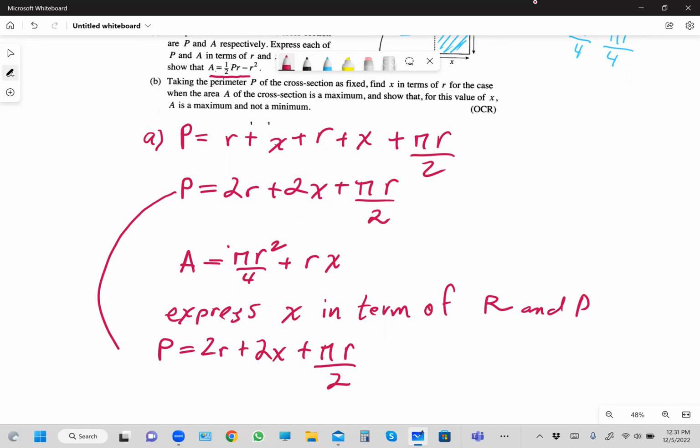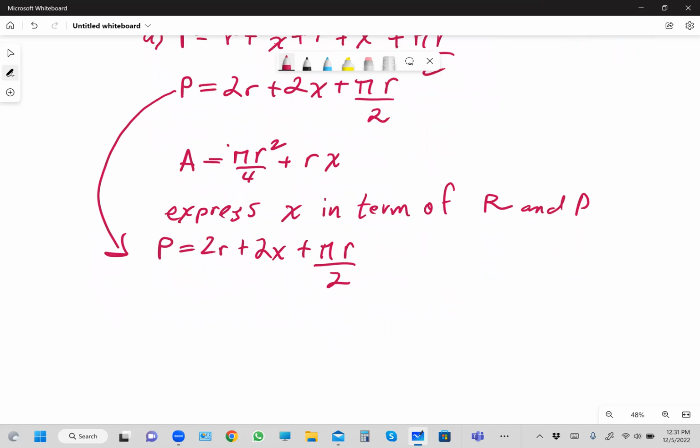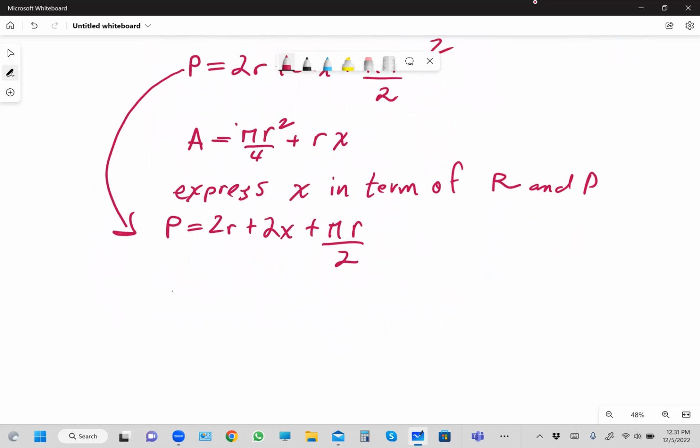I'm going to have to rearrange this so that the X, so I might say this, 2X equals P minus 2R minus pi R divided by 2.